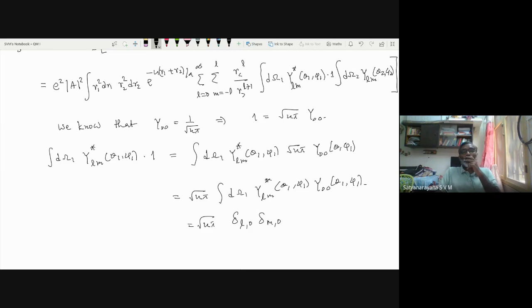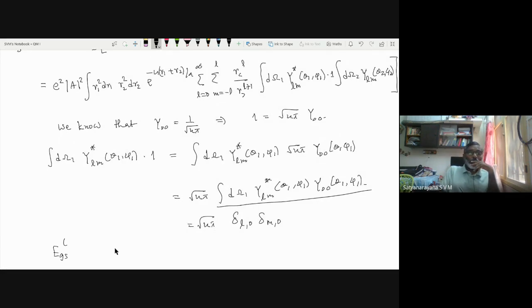Only L equal to M equal to 0, orthogonality of the spherical harmonics. So L equal to 0 and M equal to 0 terms are the only ones that are important. And the same result you will get from both the integrals. Therefore, this integral becomes very simple now, only radial part.